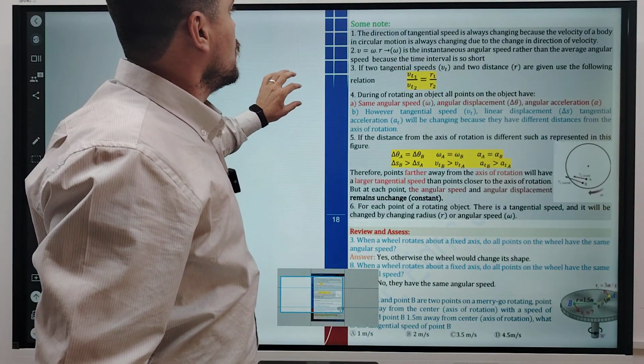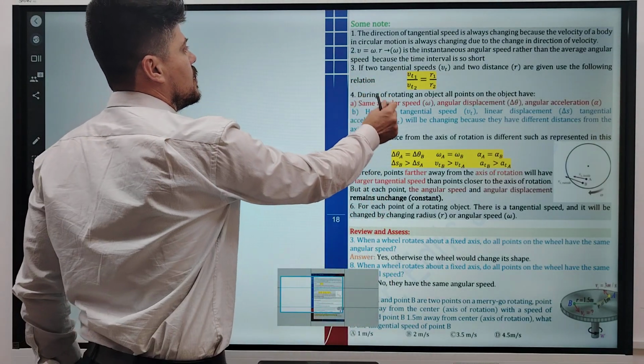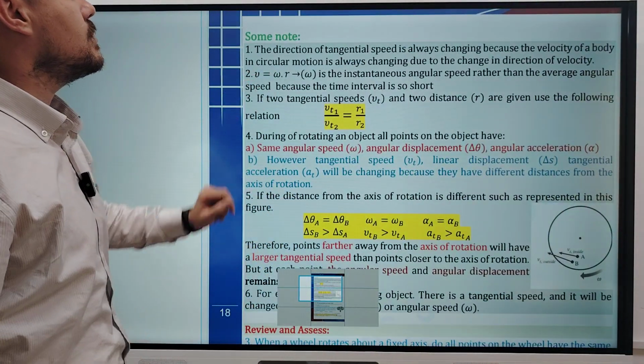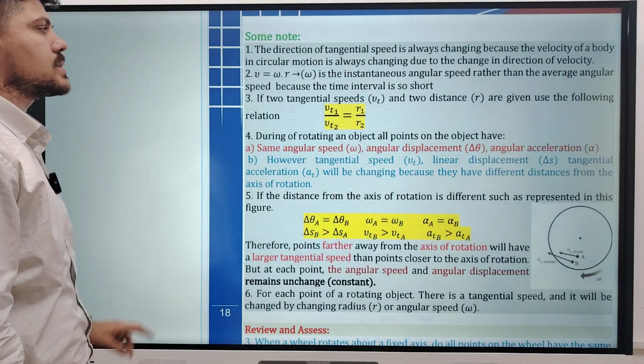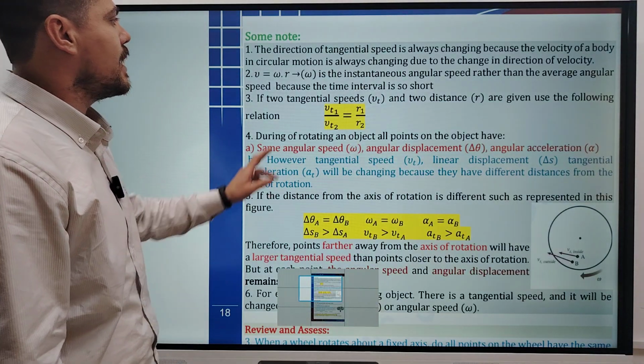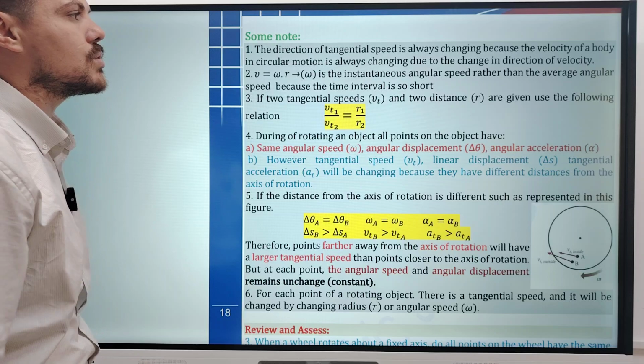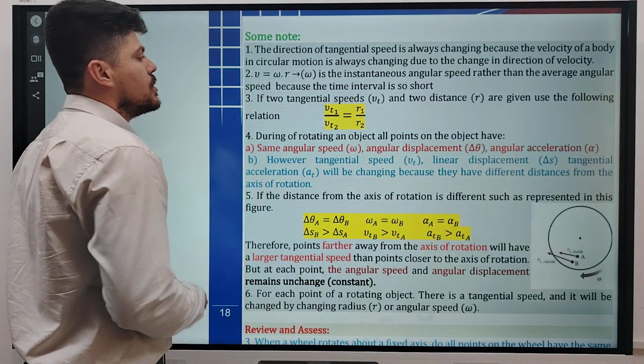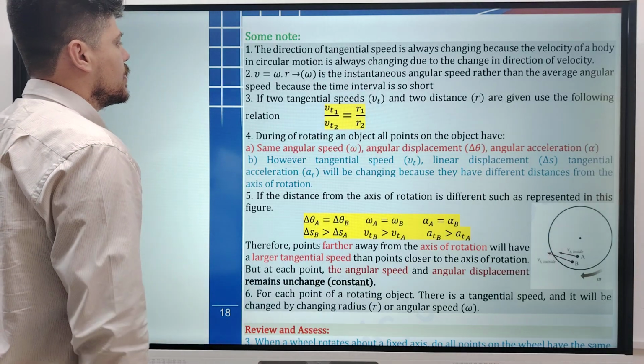So note number 2, tangential speed is equal to omega times r. Omega is angular speed, r is the radius of the circular path. Omega is the instantaneous angular speed, not the average angular speed, because the time interval is so short here, okay.